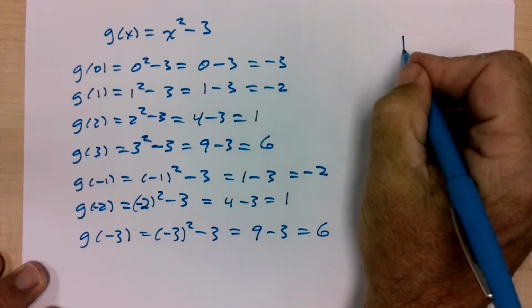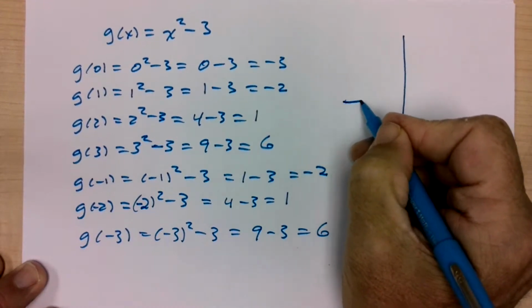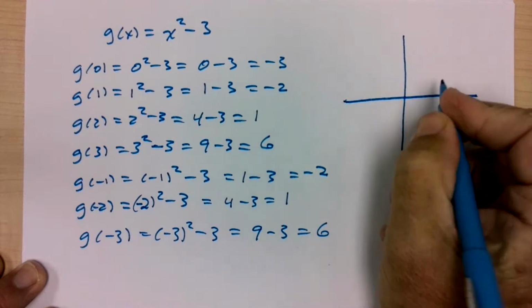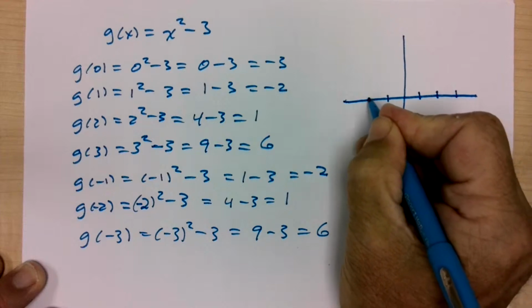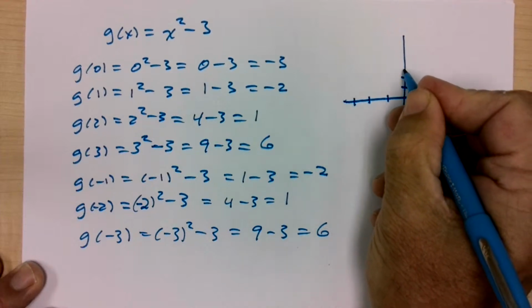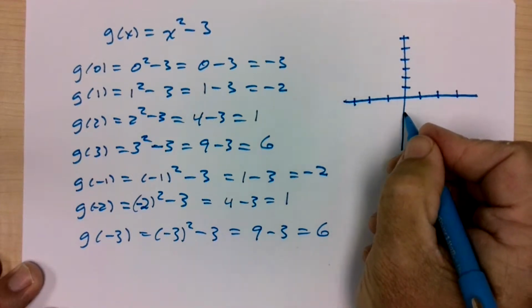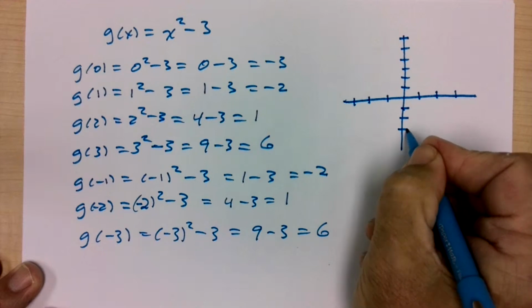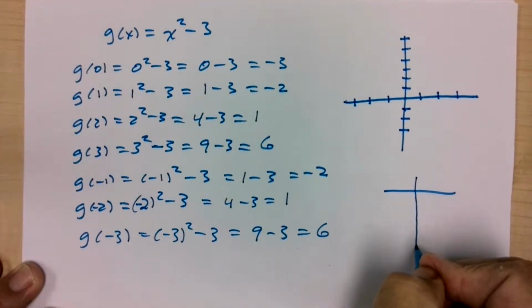what do we get? 1, 2, 3 on x. 1, 2, 3 on negative x. y goes up to 6: 1, 2, 3, 4, 5, 6, down to -3: 1, 2, 3. So my first point is 0, -3.